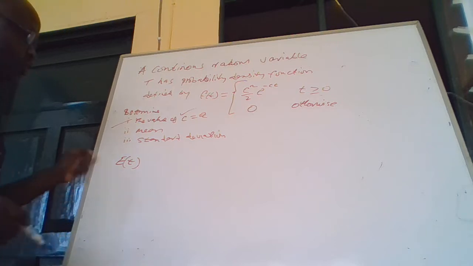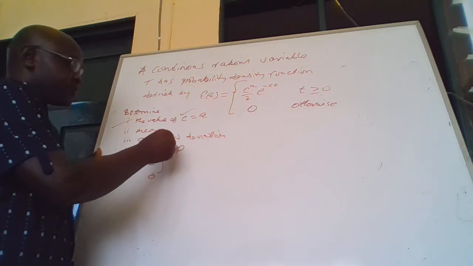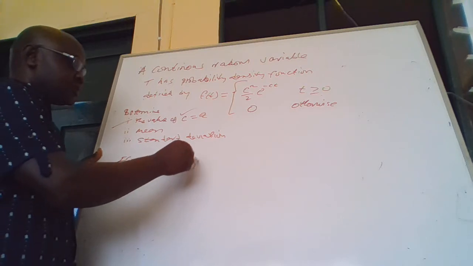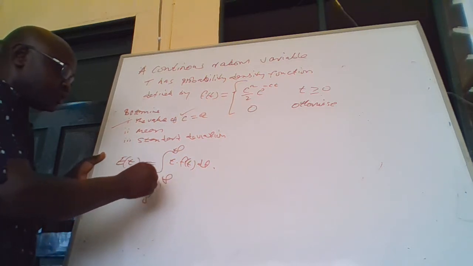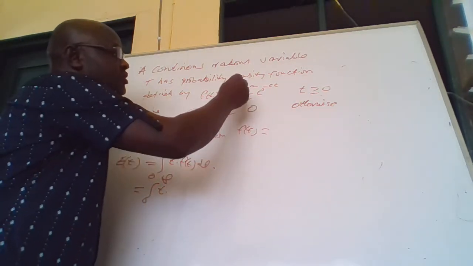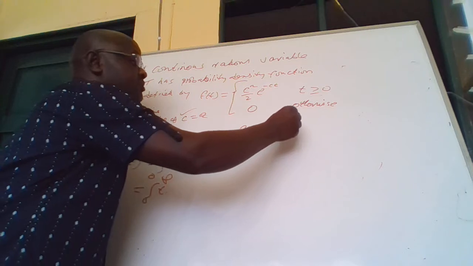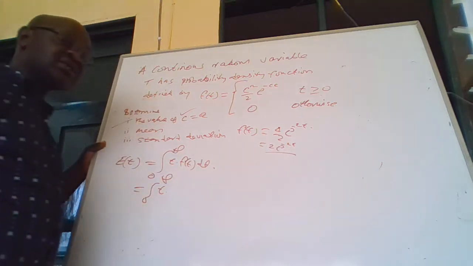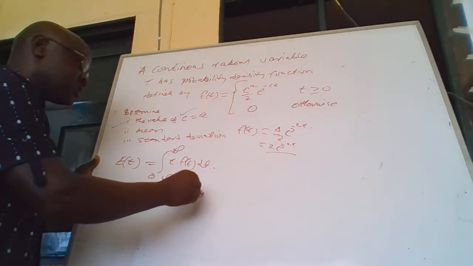Remember the variable is t, so the expected value is given by the integral from 0 to positive infinity of t times f(t) dt. What is our f(t)? Since c is 2, c² is 4, so f(t) = 4/2 e^(-2t), which equals 2e^(-2t). So this will be t times 2e^(-2t) dt.